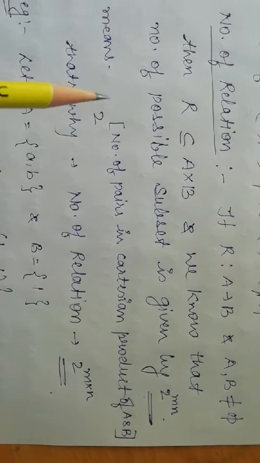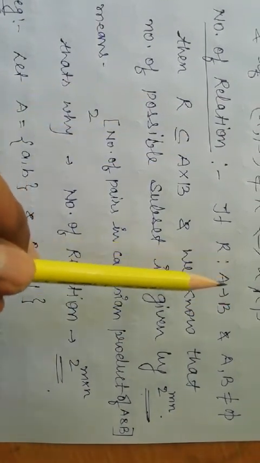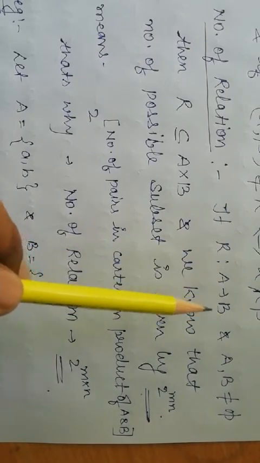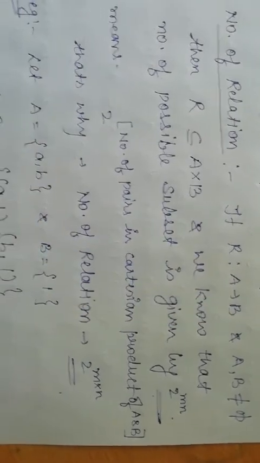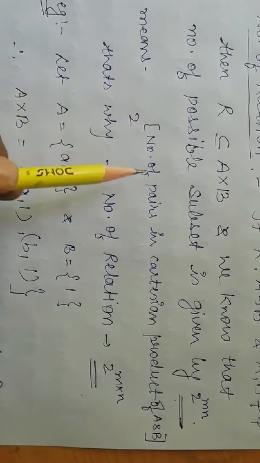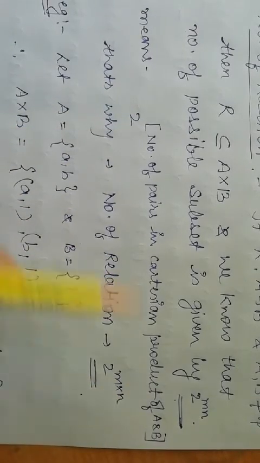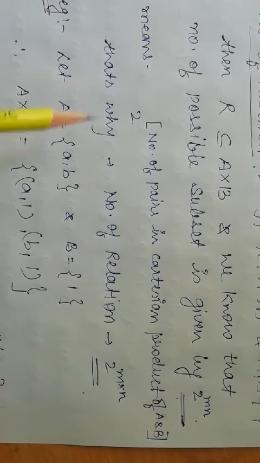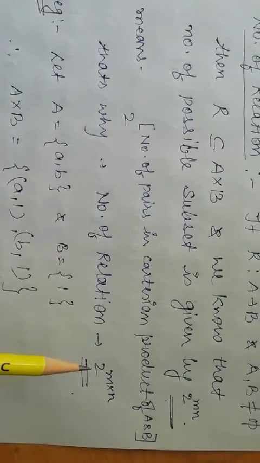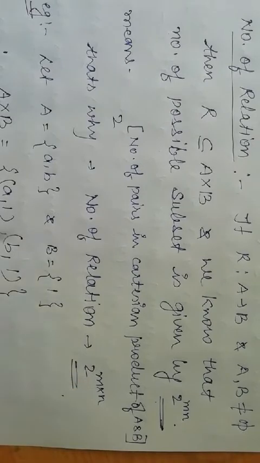Here m is the number of elements in set A and n is the number of elements in set B. That means 2 raised to the number of pairs in the Cartesian product A cross B. That's why the number of relations is 2 raised to m cross n.